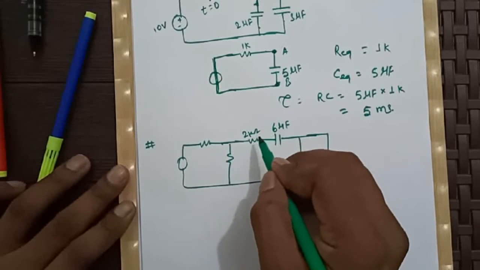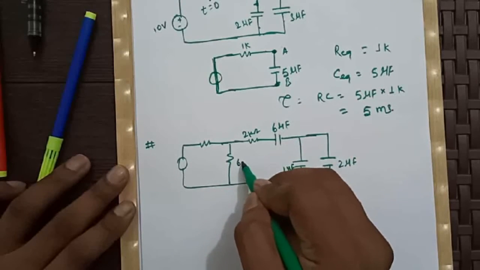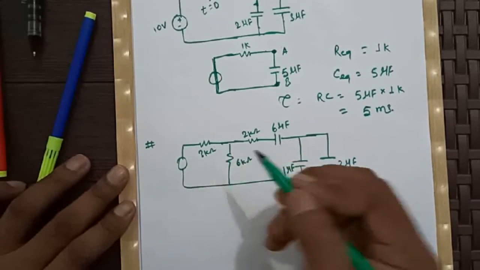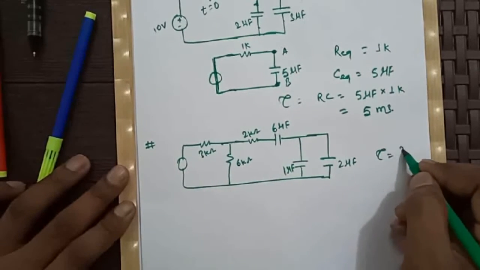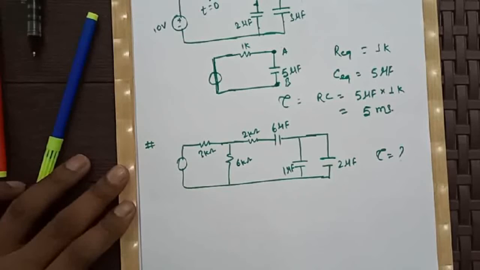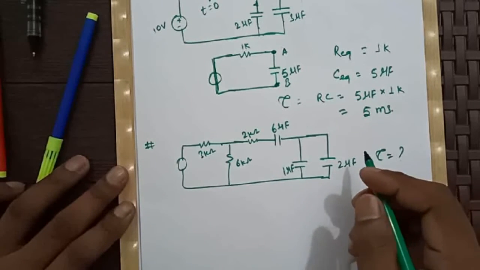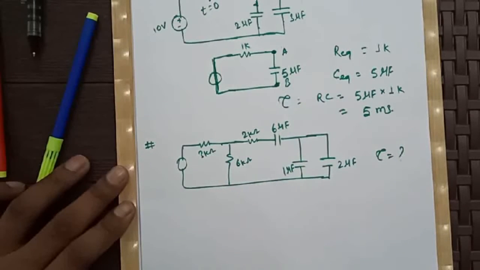This is 2 kilo ohm, this is 6 kilo ohm, and this is 3 kilo ohm. Now for this case, what will be the time constant tau? To find the time constant, first of all, we will find C equivalent.